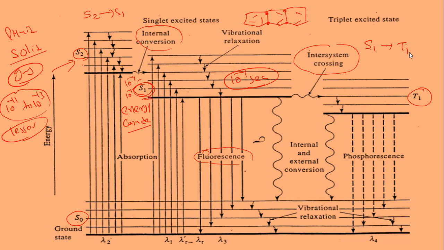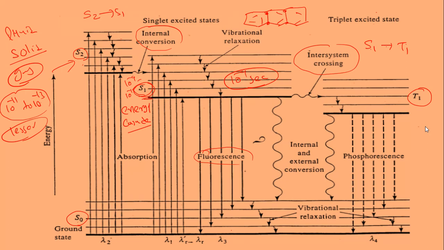Now for this S1 to T1 state, for every excited singlet state there exists a corresponding triplet state. Suppose you are talking about this singlet state, there is always the possibility of the triplet state. The efficiency of ISC, that is intersystem crossing, depends on the difference in energy between the singlet and triplet states; the smaller the difference, the more efficient the ISC.